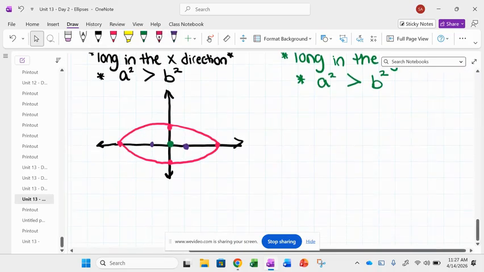Okay, so the major axis is the length we're long in.